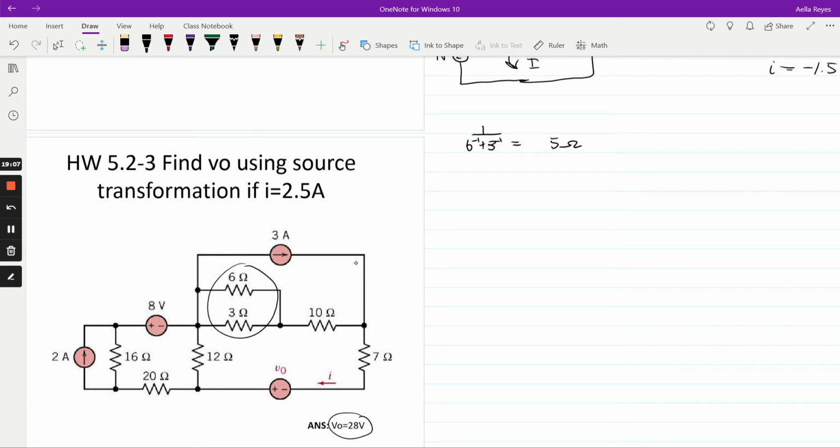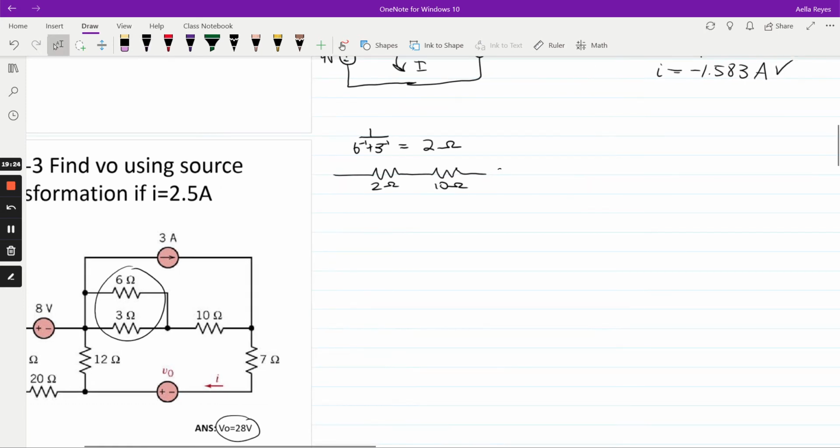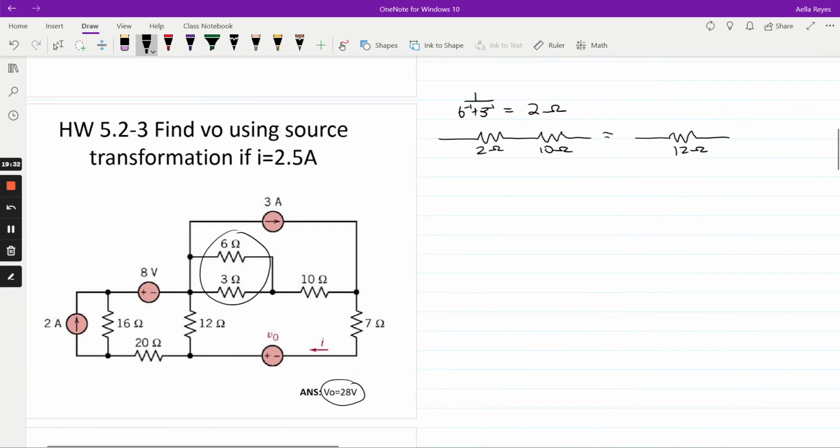I'm so sorry. No. That is 2 ohms once you plug it into your calculator. And so that little part is going to look like this. 2 ohms in series with 10 ohms. That's obviously just 12 ohms because they're in series, so you just regularly add them together.